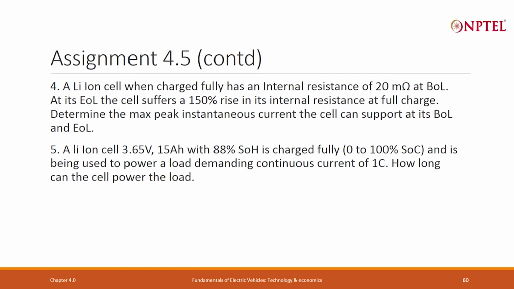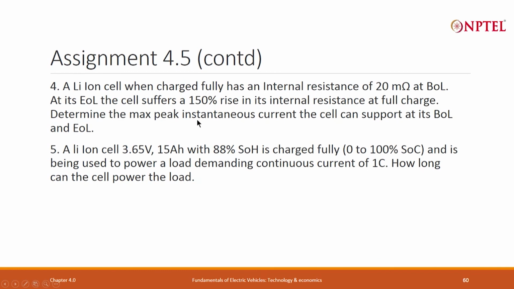Determine the maximum peak instantaneous current that the cell can support at its beginning of life and end of life. Because 20 milliohms is the resistance, and it will become 30 milliohm.